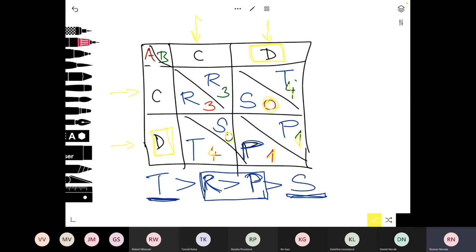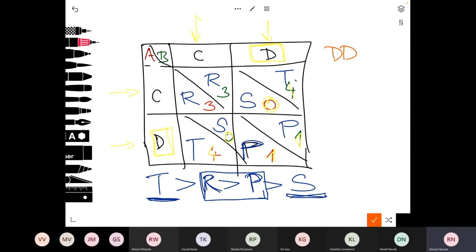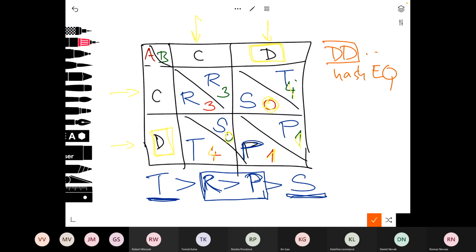These are Nash dominant strategies. And so the DD strategy is Nash equilibrium.